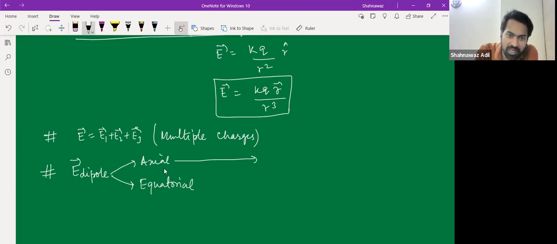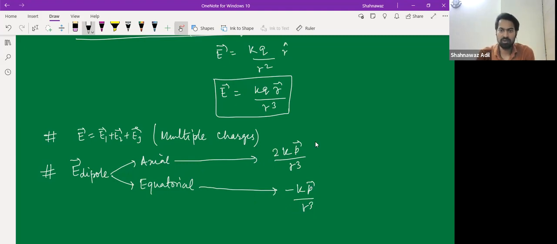On the axial point, it is 2kp by r. Am I right, Aisha? Yes, sir. And due to the equatorial point, this is minus kp by r. Let's say this is minus and this is plus, and this is the axial point.